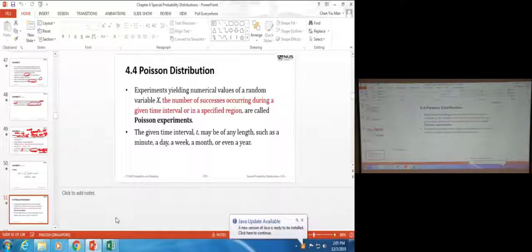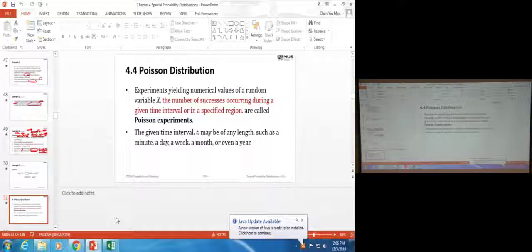And third, you have to know the expectation of X as well as the variance of X. Usually these two are functions of some parameters, which are the constants that identify the distribution. For binomial, there are two parameters. One is n, the number of trials, and p is the probability of a success in each trial.